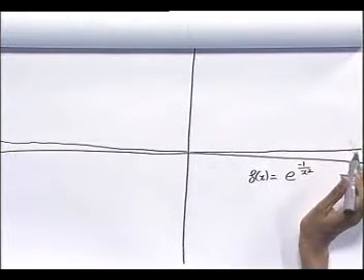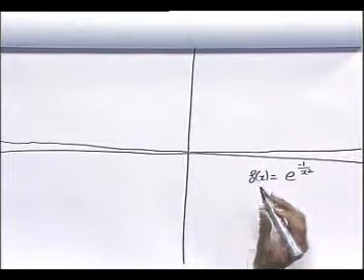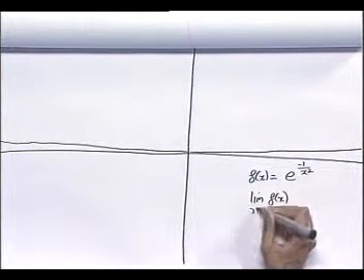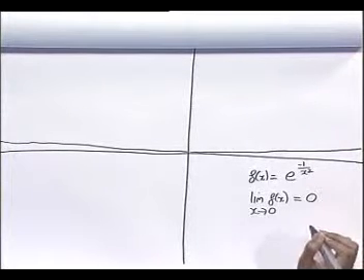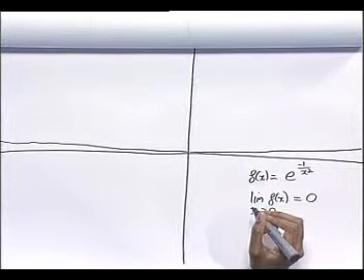But as x gets closer to 0, this function approaches 0, so again, the limit of f of x as x tends to 0 in this case is 0. And again, we can think of 0 as the value f should take when x equals 0.